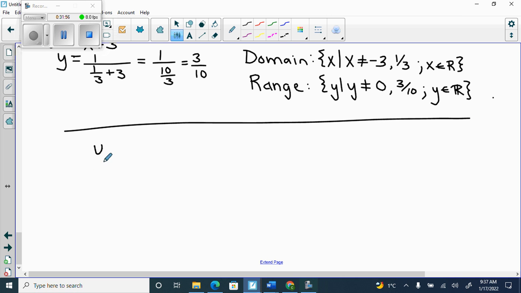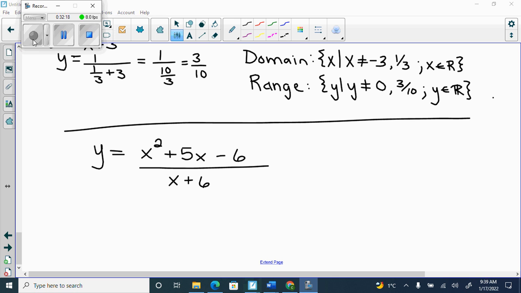So we have y equals x squared plus 5x minus 6 over x plus 6. I want you to give me the point of discontinuity, asymptotes if they exist, domain and range.